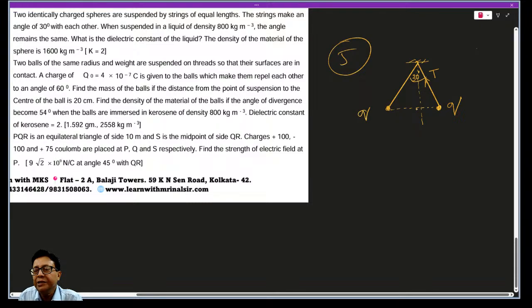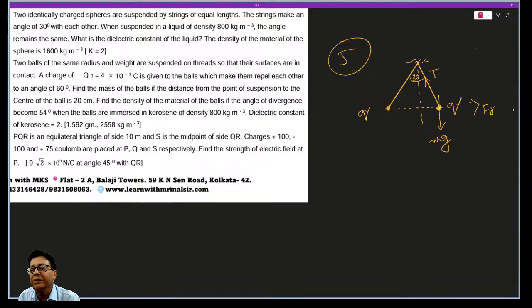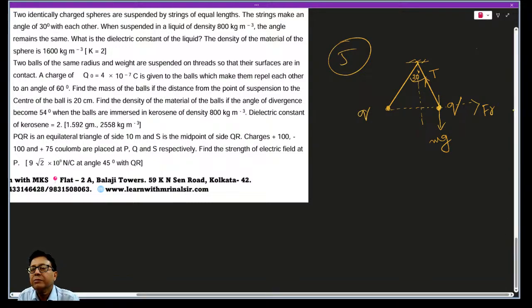Tension T, weight mg acting downward. Force of repulsion between two similar charges will be this way. Then this angle theta 15 degree. So this T has two components.